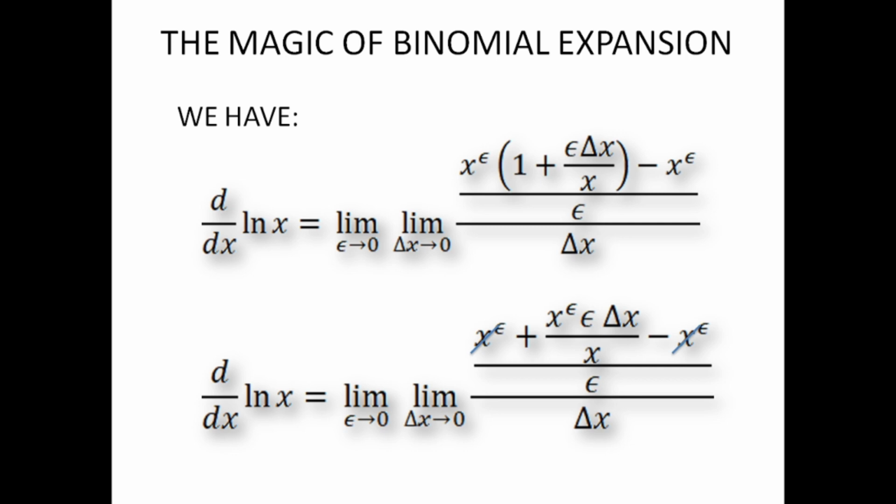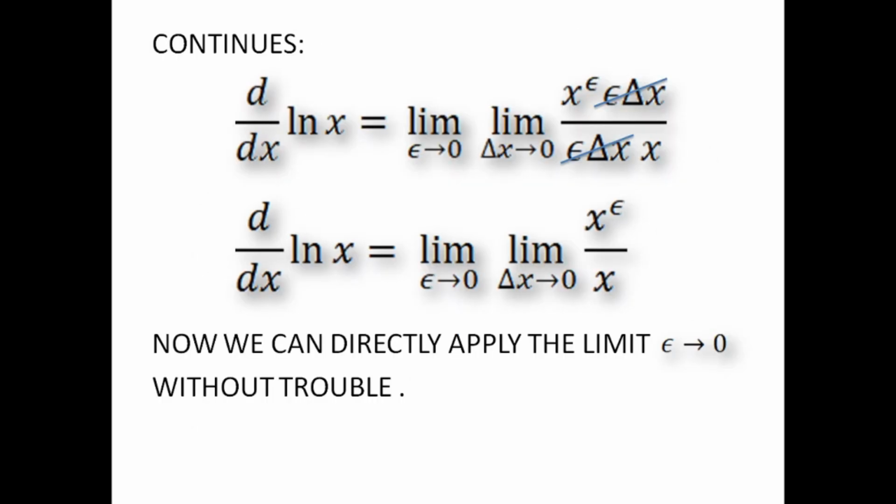We then multiply into the brackets to have x power epsilon plus x power epsilon delta x by x, and there is a minus x power epsilon also, so we cancel them out. And so we have this double limit, limit epsilon goes to 0, delta x goes to 0, x power epsilon delta x divided by epsilon delta x, and there we cancel our epsilon delta x.